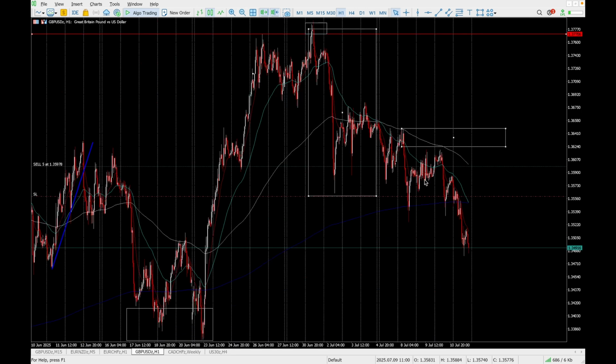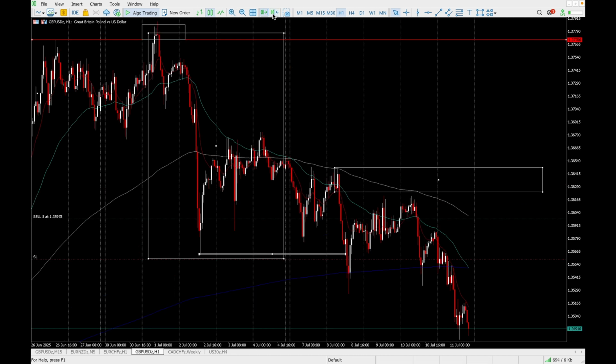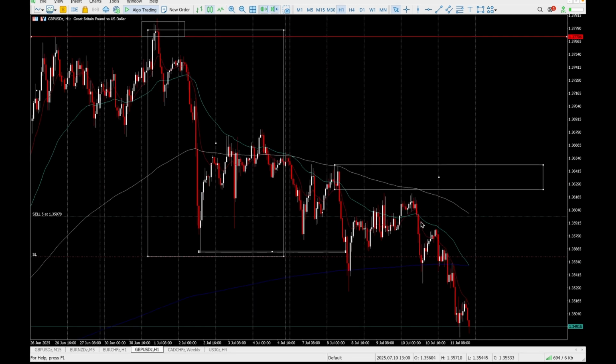This was a nice formation above the 50 EMA after the break of this structure. So the break of this structure right here, we had the pullback, and that is where I entered the trade. And as you can see, I have been holding this trade for 2 days basically.